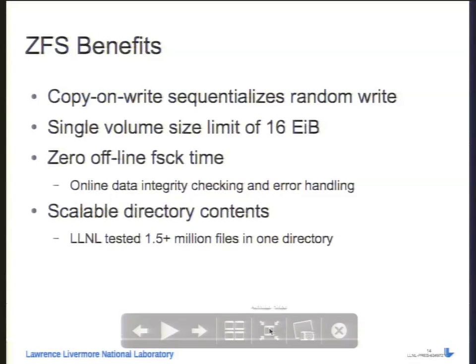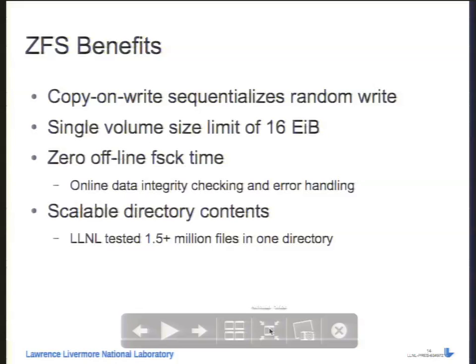What ZFS can do is take all those random streams, merge them together, and sequentialize them before they go to hard drives, so you can get much better bandwidth out of your hard drives than you can otherwise. With a normal spinning disk, you're generally constrained by the IOPS rate, how many operations you can perform. And if you can perform larger operations by merging them together, you can get a lot better bandwidth.